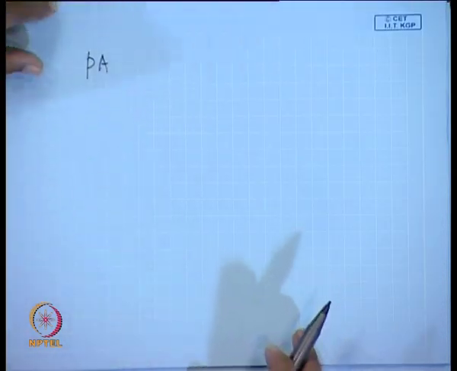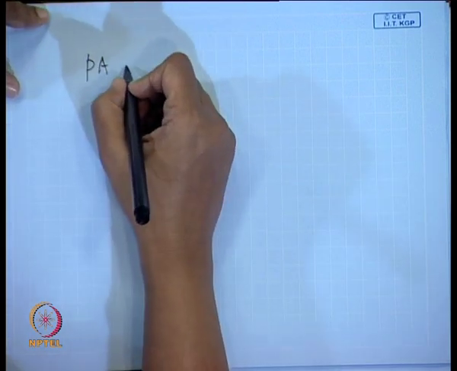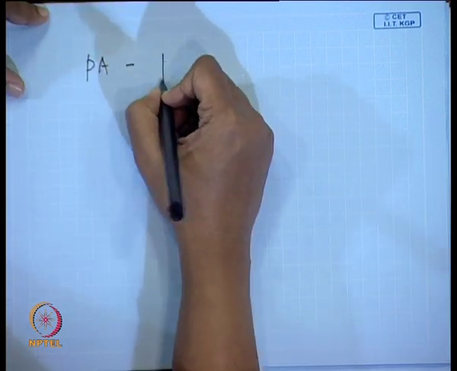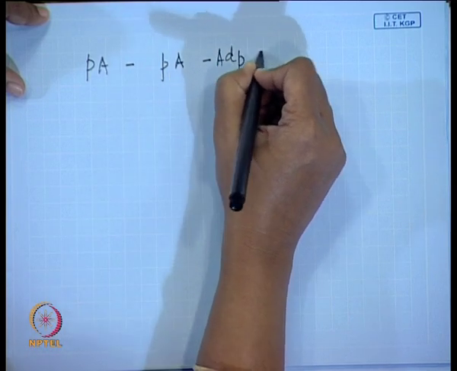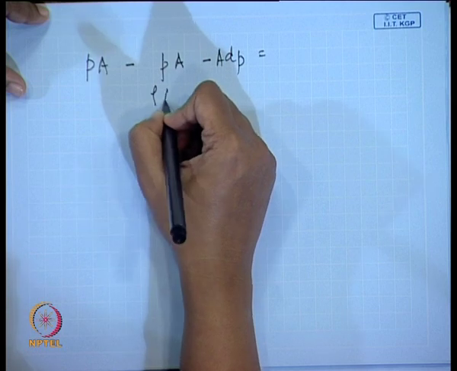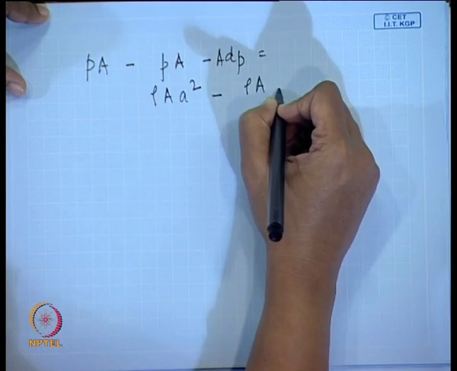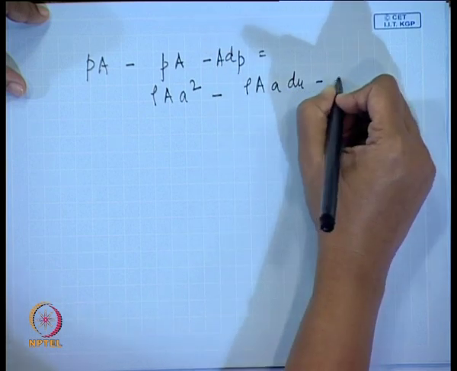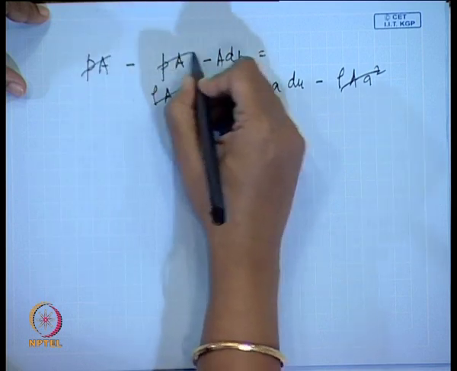So, on simplifying this, we get P A minus A d P equals rho A square minus rho A du minus rho A square. These cancel out.